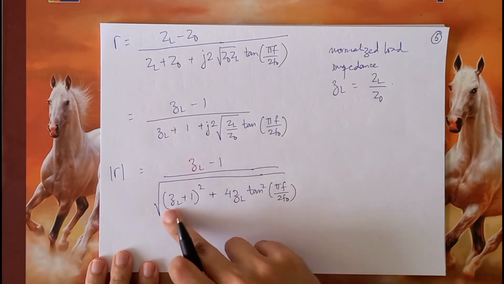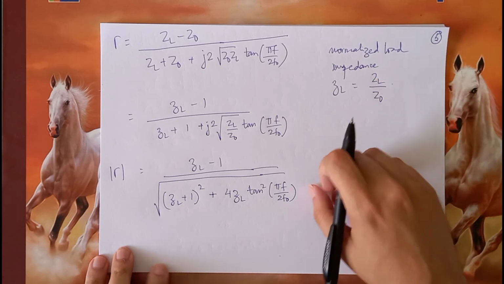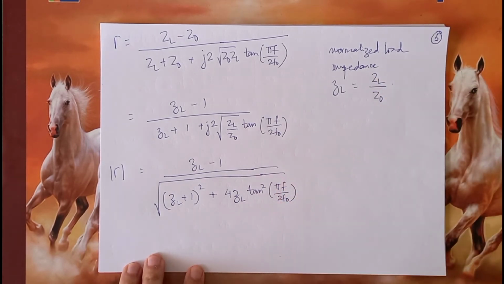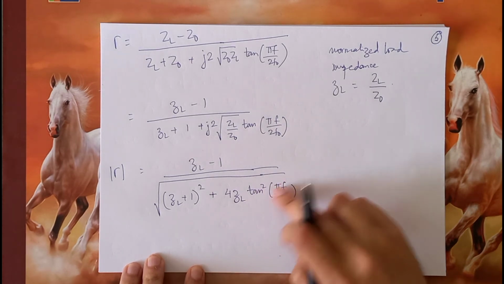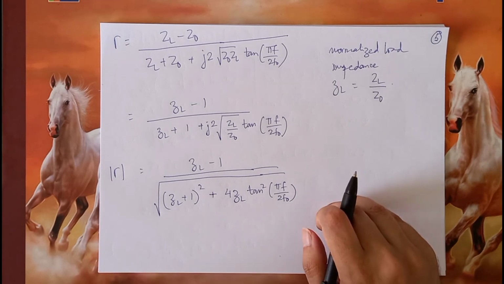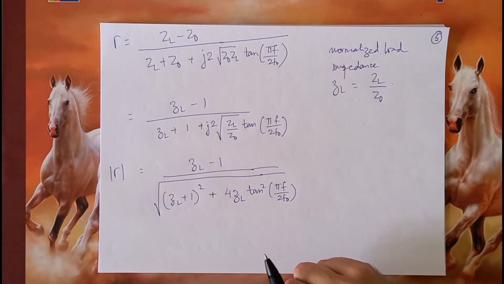Now zl may be fixed depending on what is z0 and zl capital, and we have got f by f0, where f is the variable frequency and f0 is some constant corresponding to the actual fixed length of the quarter wave transformer.